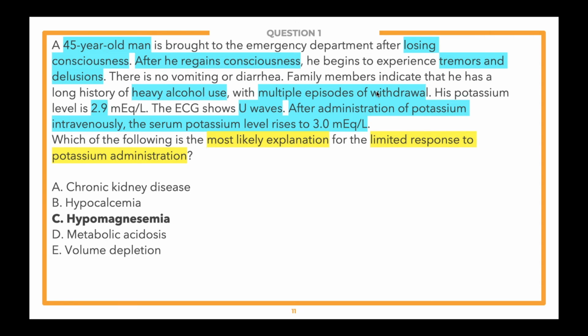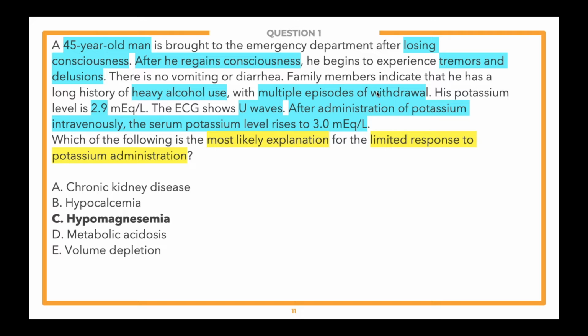Thank you, Sean. Yes, great job, guys. So let's talk about what's going on in this question. This patient was given IV potassium, but as you can see, it really only jumped from 2.9 to 3, even though it was IV, okay? Now, in this patient, we are also told that he's a heavy drinker, heavy alcohol use.